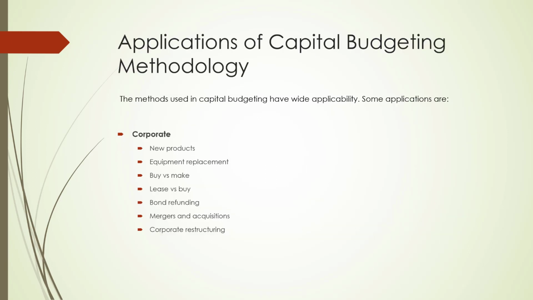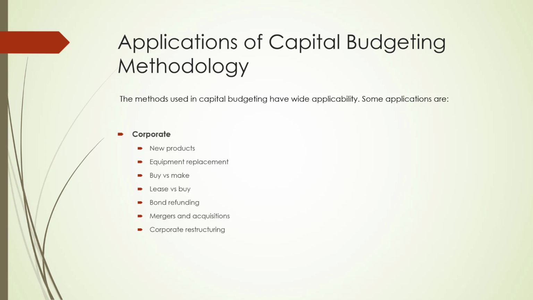Now, the methods that we're going to discuss here today have wide applicability. So, for example, in a corporate setting, we might use the capital budgeting methods to determine whether or not to launch a new product, or should we replace a piece of equipment with a newer piece of equipment that does the same job but maybe more efficiently. We may use these techniques to decide whether to buy a product that we're going to sell or to make it ourselves.